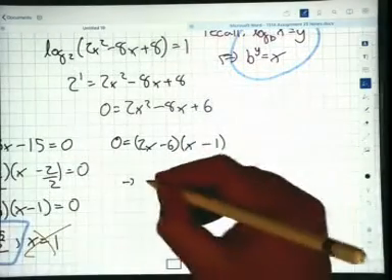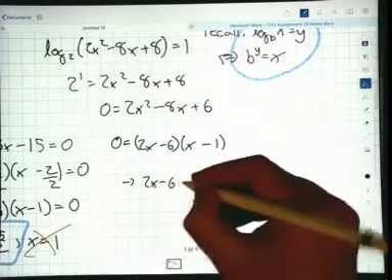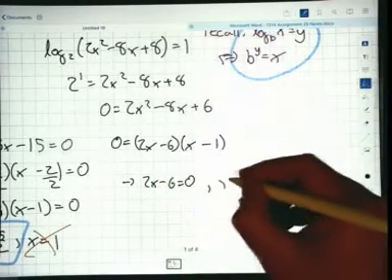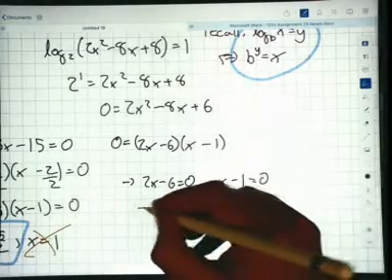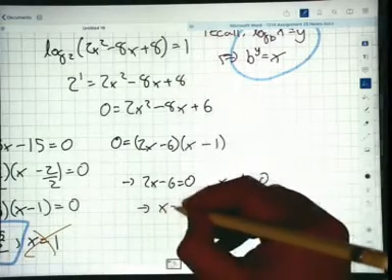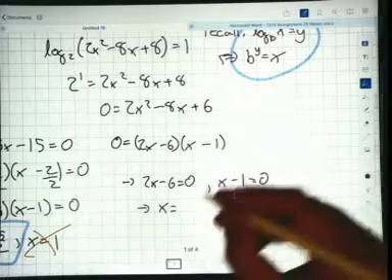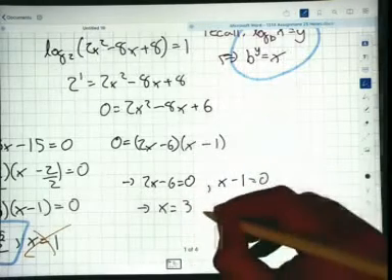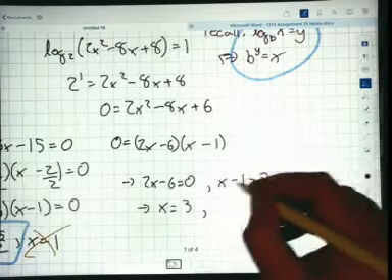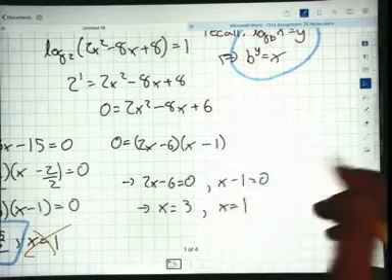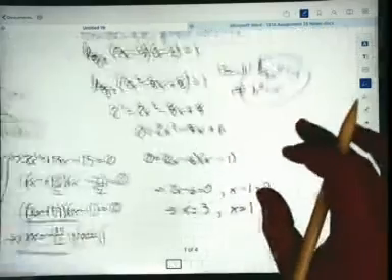So this means that either 2x minus 6 is equal to 0 or x minus 1 is equal to 0, which then means x is equal to add 6 divided by 2, that becomes 3. So add 1, x is equal to 1. I want to check real quick.